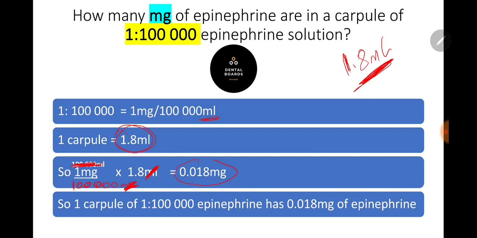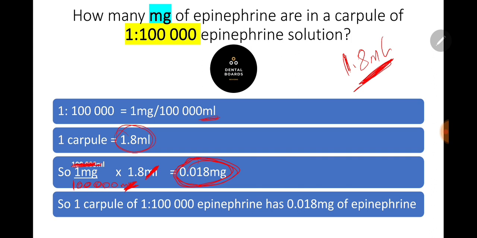So one dental capsule of local anesthetic, if it says 1 to 100,000 epinephrine, pretty much that means the milligrams of epinephrine in that capsule is 0.018. 0.018. So you can pretty much memorize this.